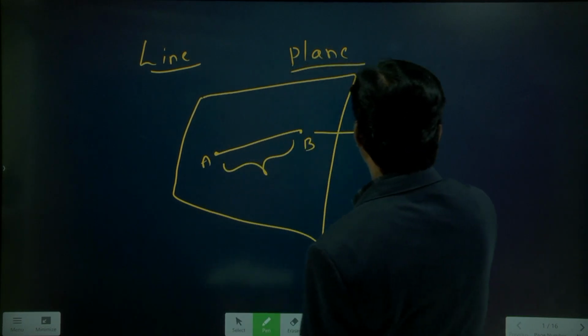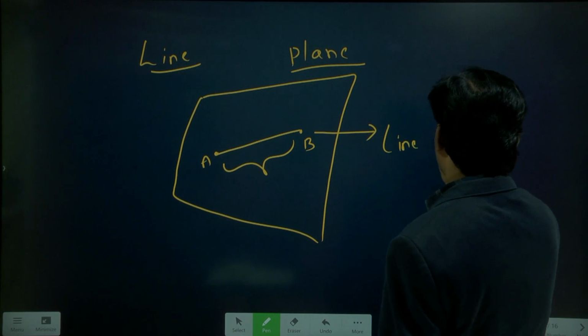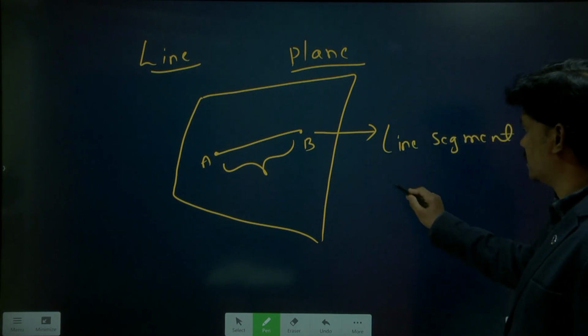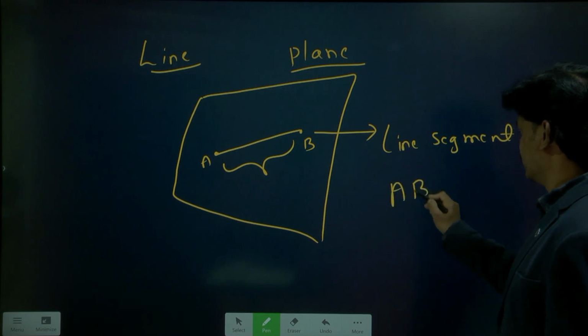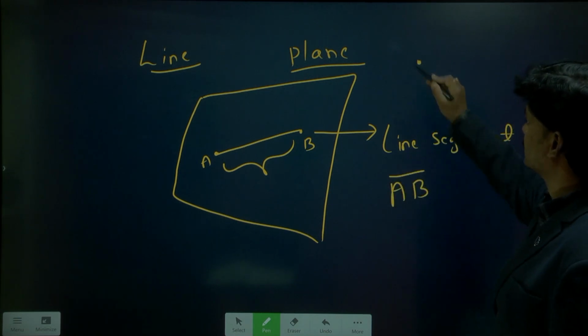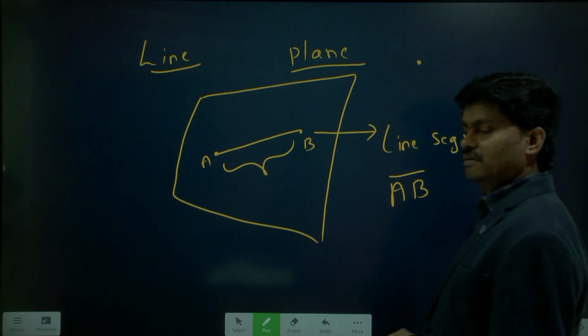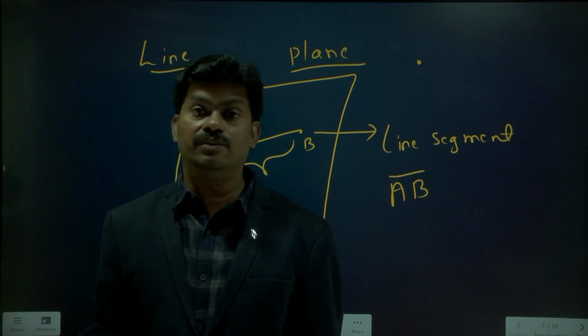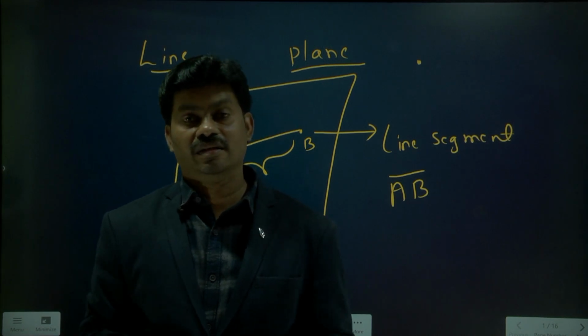This is called line segment and represented like this, and point represents like this. So the definite length between any 2 points, which is countable, is called a line segment.